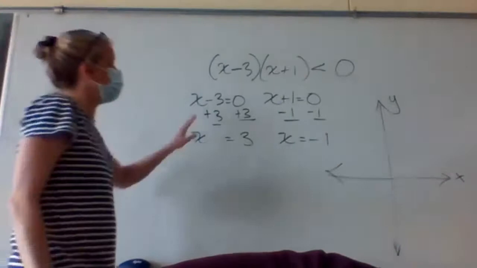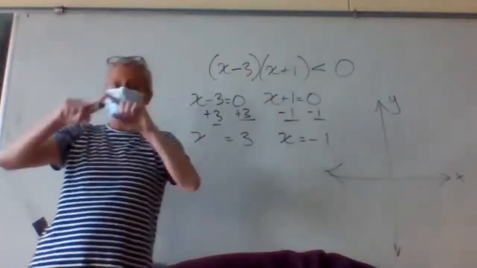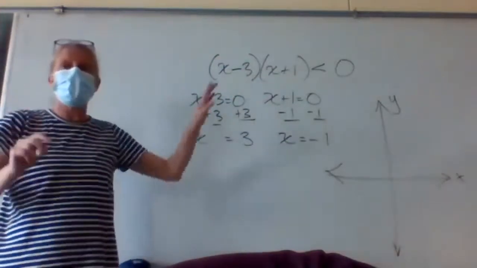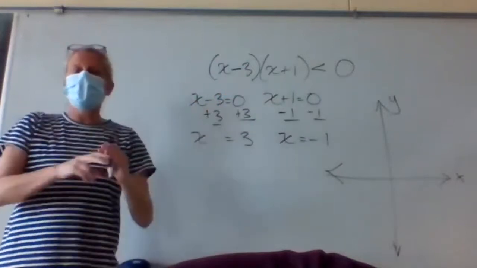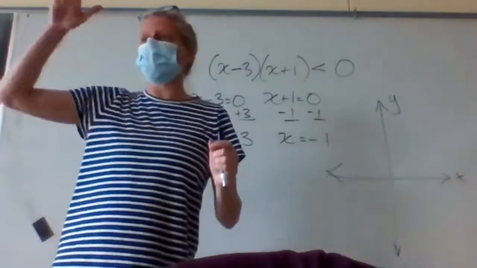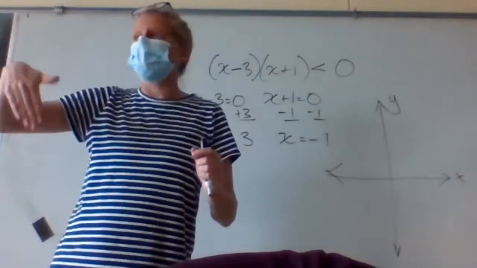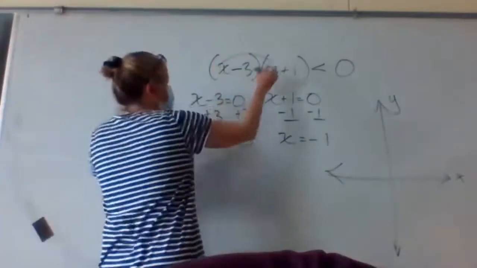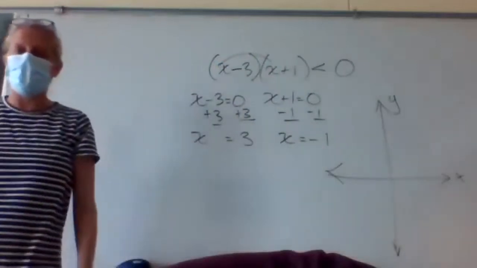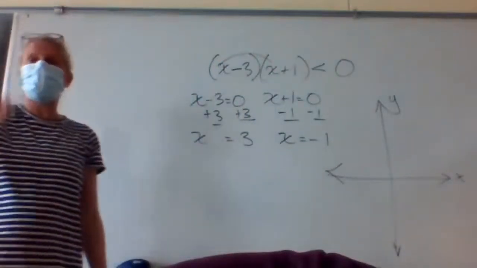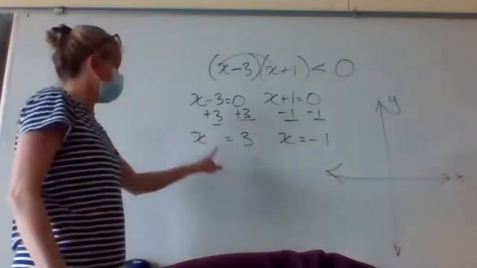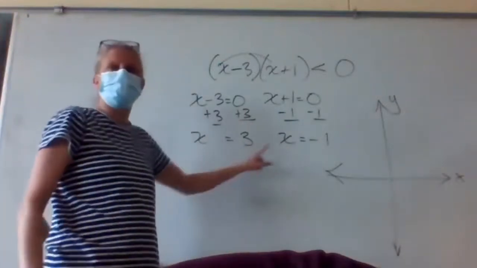So again, I know it's going to make a U shape, and it's going to be a right side up U, right? There's nothing on here. What would make the x squared or the U-shaped graph flip upside down? If the x squared is negative. That's what flips it upside down, right? If I foiled that, that's going to be a positive x squared. So I know it's a right side up U, and it's going to pass through the x-axis at these 2 points.